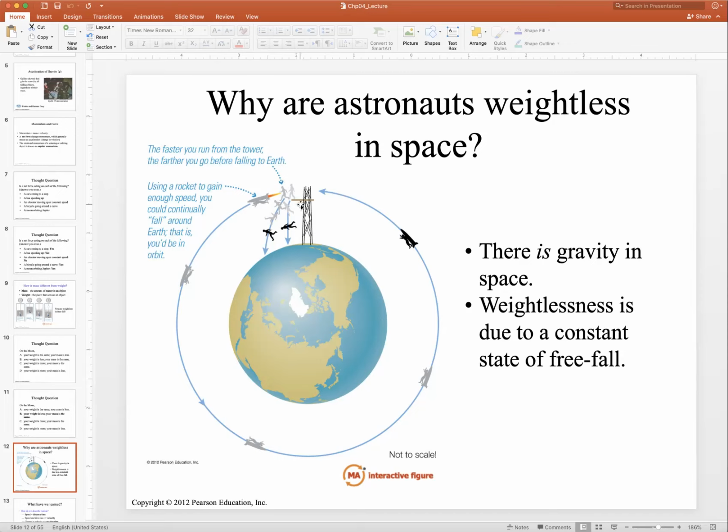So you fall down. If you increase your speed, you'll go a little bit further. If you attach yourself to a rocket, you will never fall down. In other words, you're always in a constant state of free fall. So the weightlessness comes from the constant state of free fall.